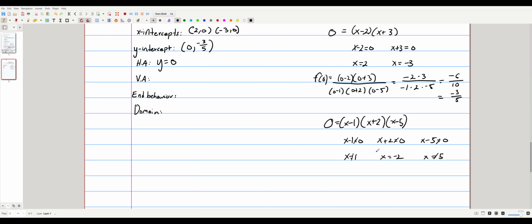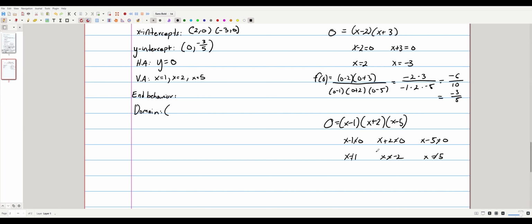So our vertical asymptotes are x equals 1, x equals negative 2, and x equals 5, right? So these are the vertical dotted lines that are going to be on our graph to let us know what lines we shouldn't cross. And likewise, our domain is going to be a restriction of these values.